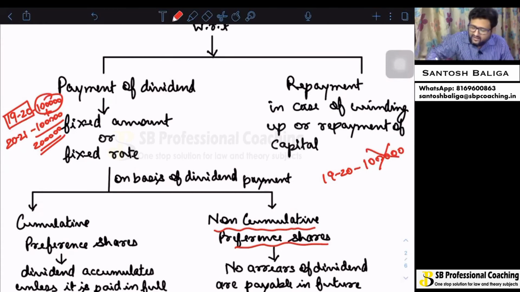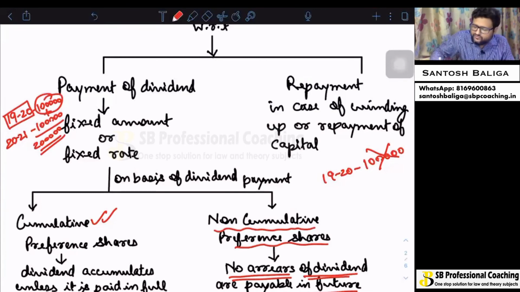Normally companies issue cumulative preference shares, as any preference shareholder, when buying preference shares, would want this security to invest in preference shares of fixed income. No arrears of dividend are payable in future in non-cumulative preference shares.